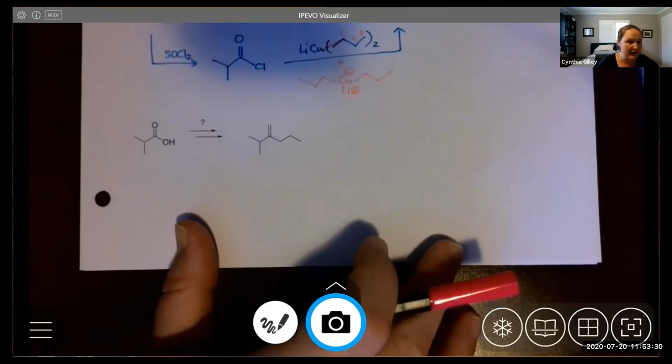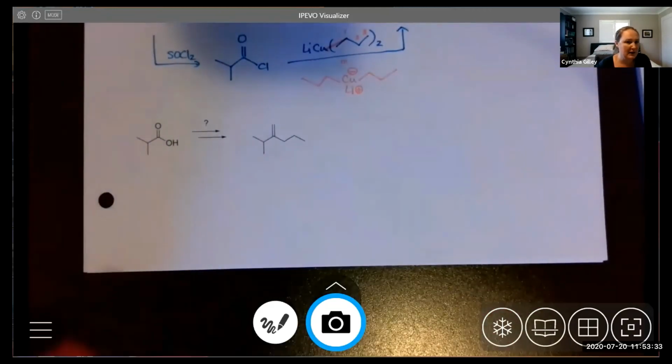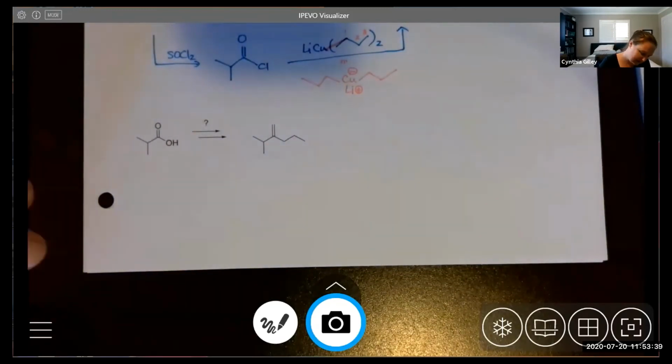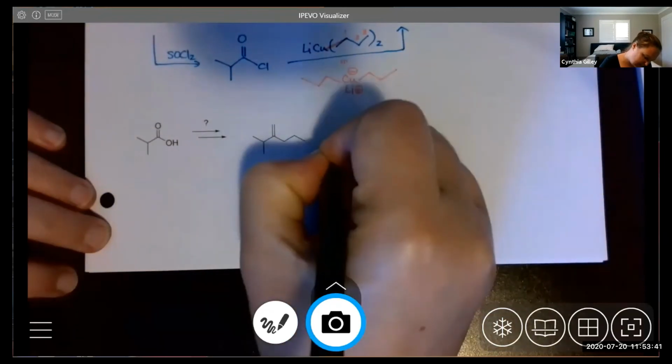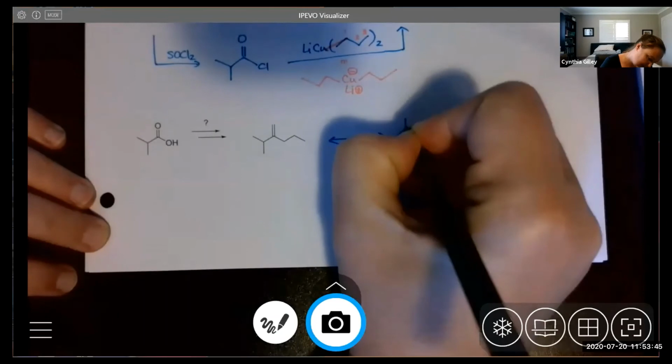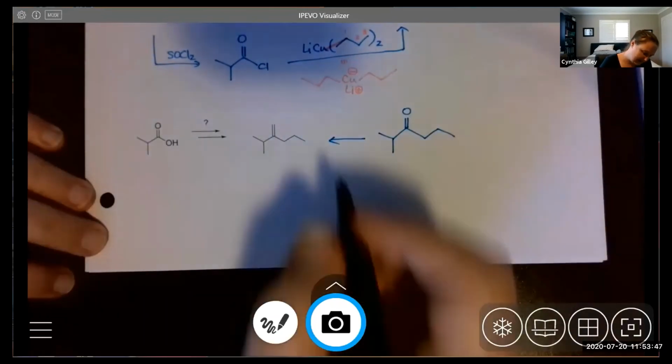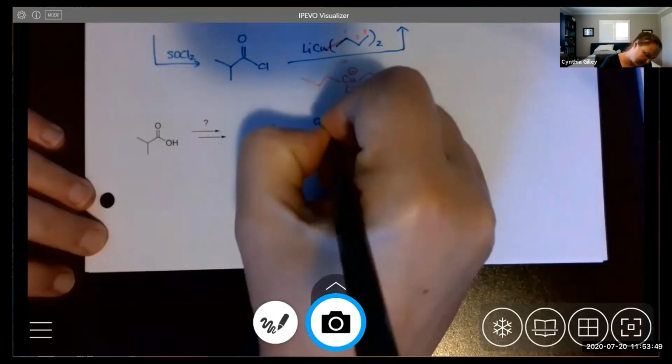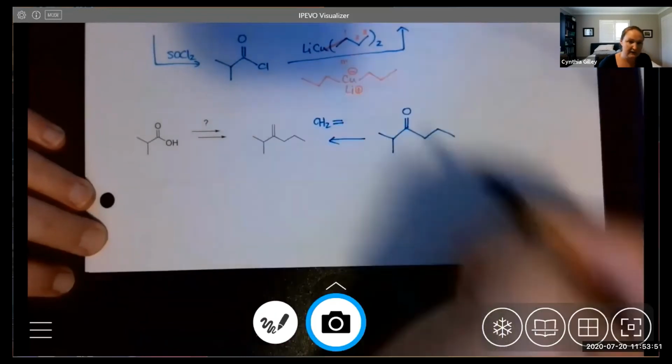So we have a carboxylic acid here, and we have an alkene. I would say this one is very similar to the last one. We're going to target having a carbonyl here, because we can make this through the Wittig reaction.